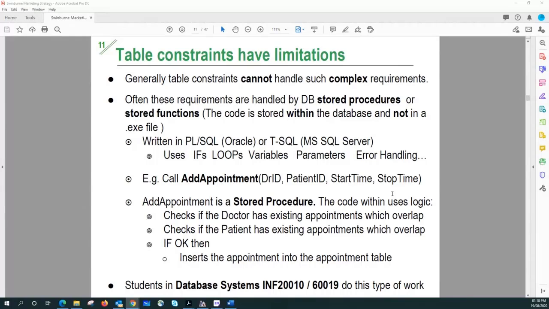We can check if the doctor has an existing appointment which overlaps, and also if the patient has an existing appointment with overlap, right? If there is no overlap, then we can just insert that particular row into the appointment table. Okay, so these are the ways that we can implement the other specific issues that I have discussed earlier.